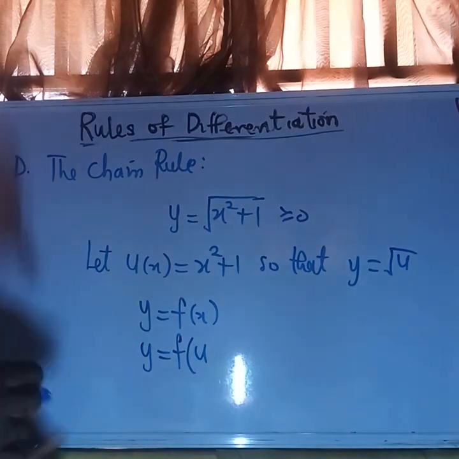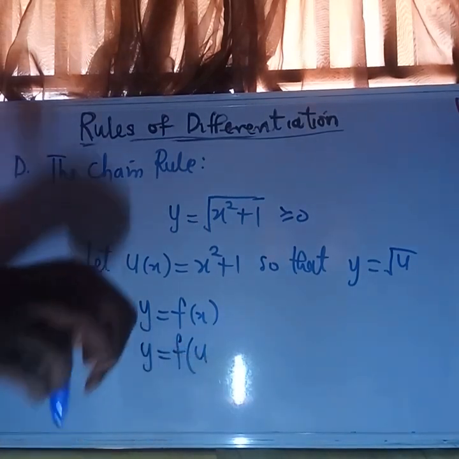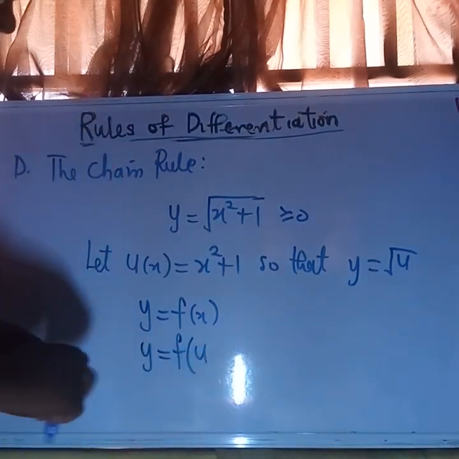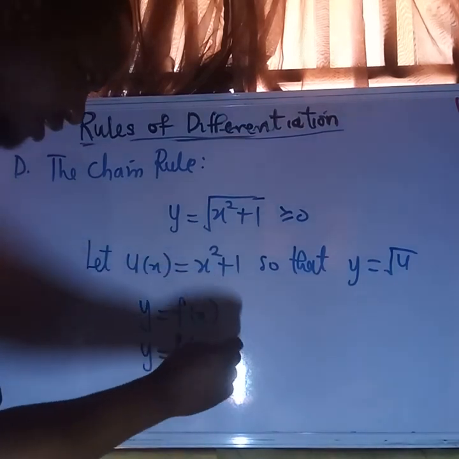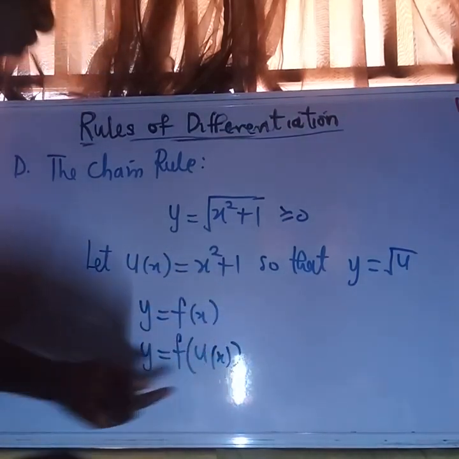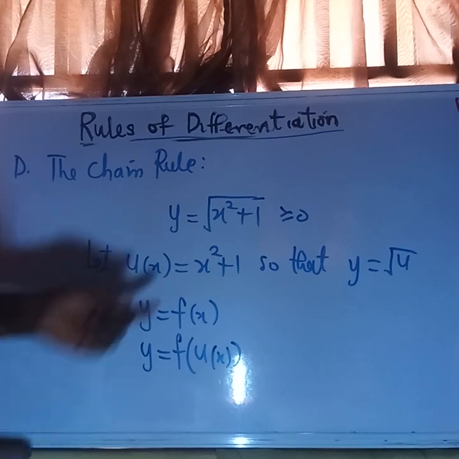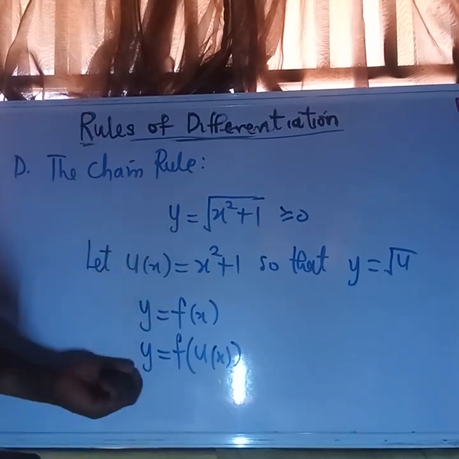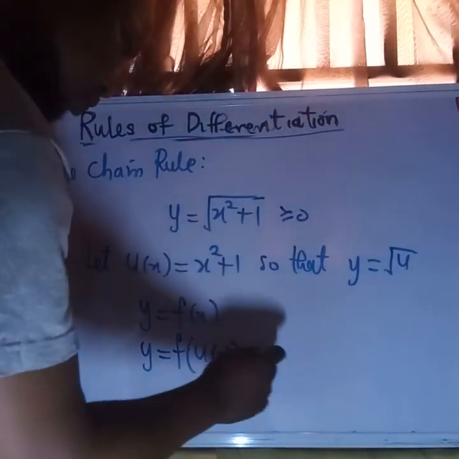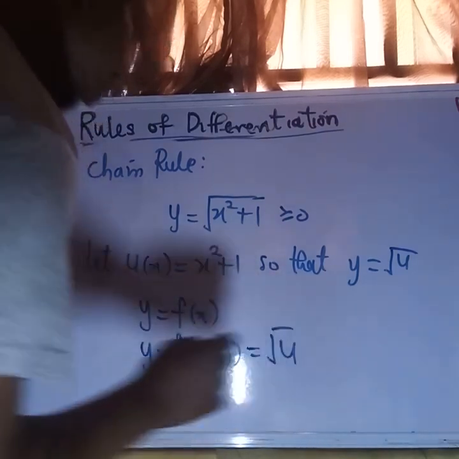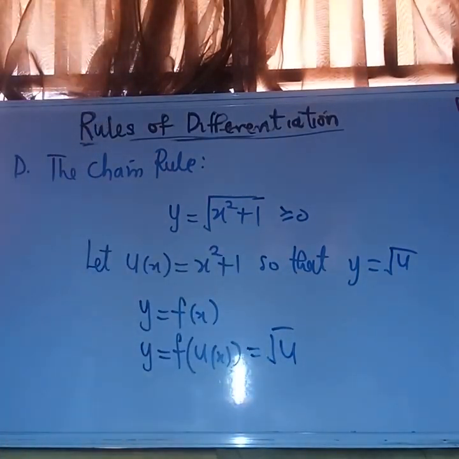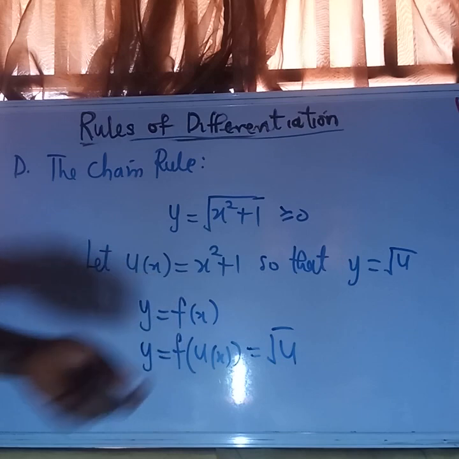So this y is now a function of u, which is another function inside it. And as you can see here, this u is an expression of x. So by comparison, y equal to f of u is similar to this, where u is given by this term.